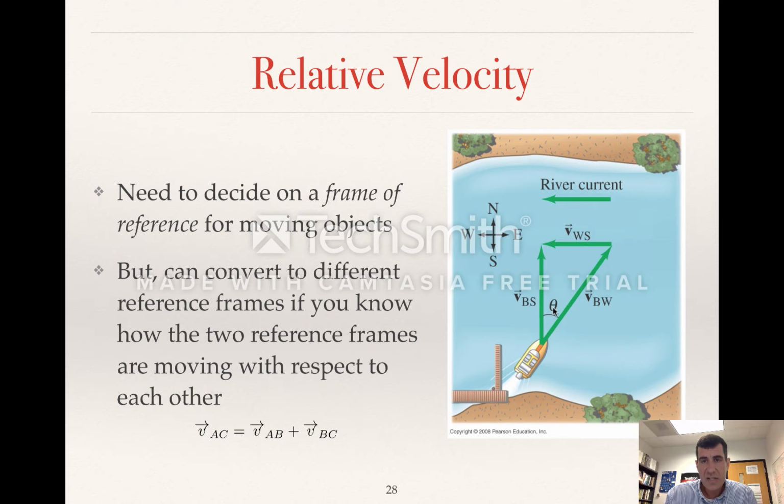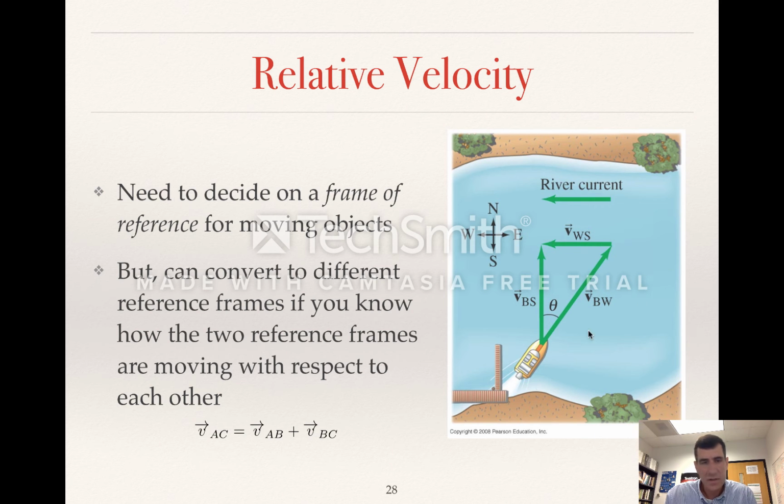To get that, we need to take the velocity of the boat with respect to the water plus the velocity of the water with respect to the shore. So VBW plus VWS, the sum of those two vectors, is going to give us the velocity of the boat with respect to the shore.